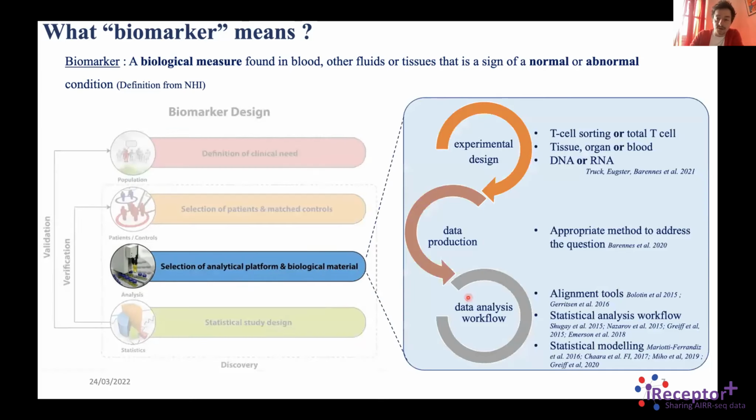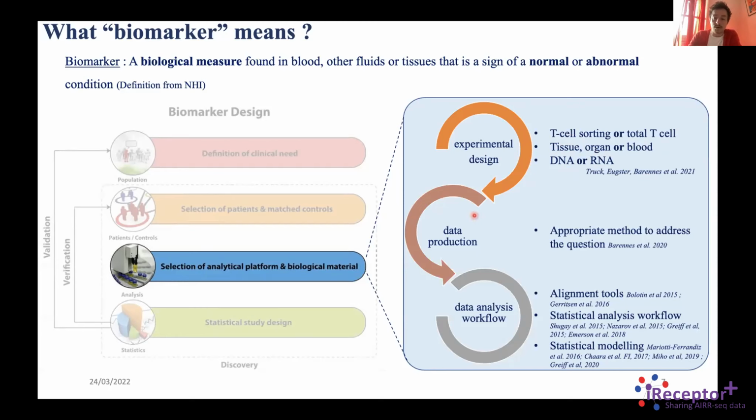For this part, very briefly, you have to design your experiment and choose if you want to analyze total T cells or sorted T cells from tissue, organ, or blood, DNA, and RNA, and you could read this review to have more information about that.